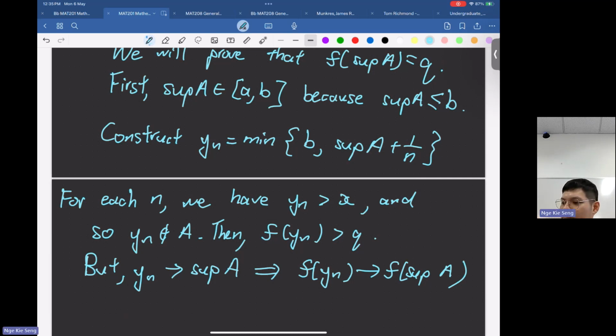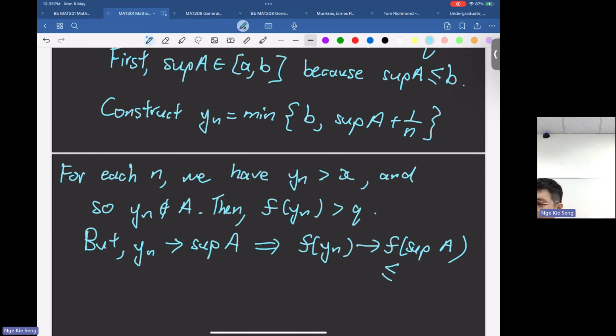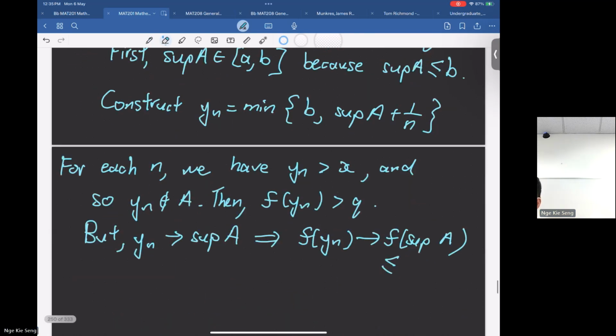It should converge to sup A, but what does this sup A satisfy? Sup A is really less than or equal to B, right? Sorry, B or Q? Q. F of sup A is less than or equal to Q.